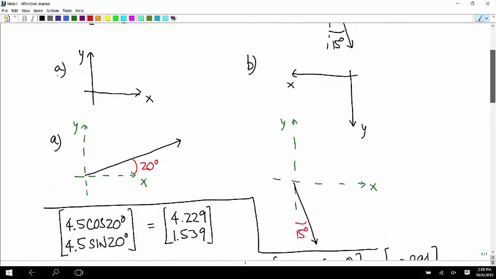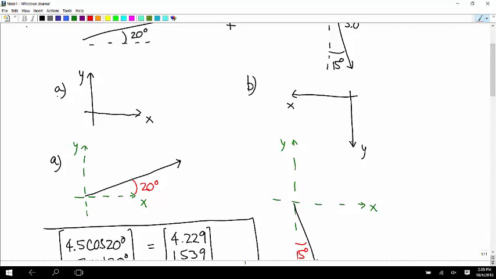And now we're going to do the same thing in this new coordinate system. And I want to point something out right now. Notice that this x-axis is just in our old negative x direction. And this y-axis is in our old negative y direction.